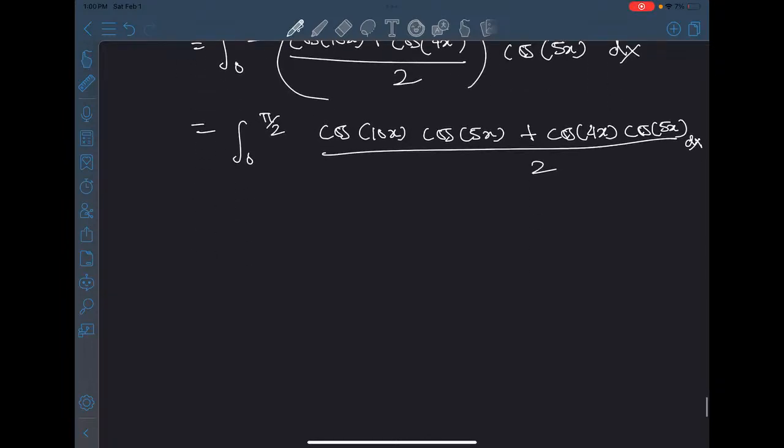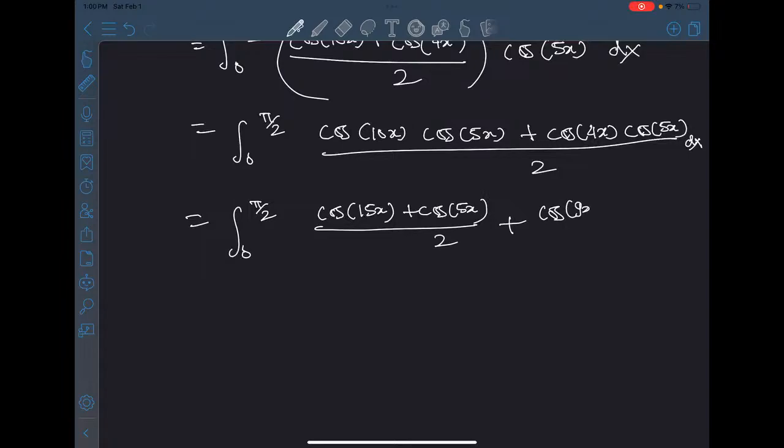Okay, so now this is integration from 0 to pi by 2. Again, this becomes cos of 15x plus cos of 5x by 2 plus, now this becomes cos of 9x plus cos of x by 2. Basically, I'm taking the sum and the difference, right?